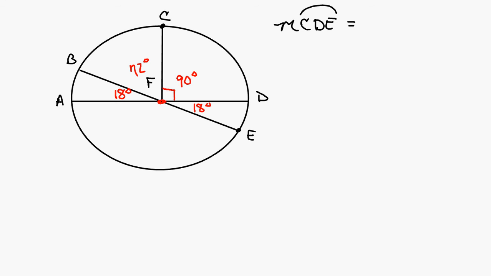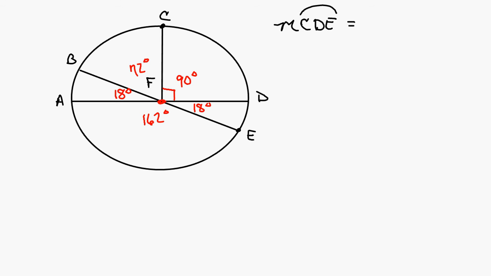Now, look at this angle down here on the bottom, AFE. What is the measure of that whole diameter angle? 180, right? Half the circle. So what's 180 minus 18? What is it? 162. So this angle is 162 degrees. Does everybody see how we got all these angle measures?